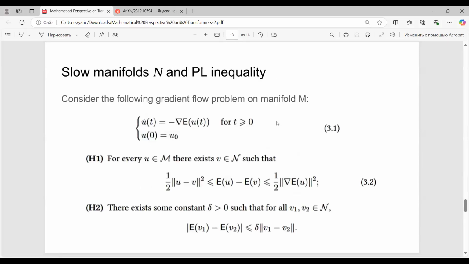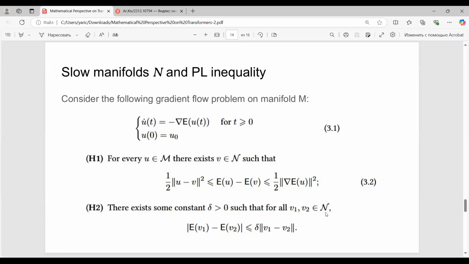So, if this functional satisfies these three inequalities for some constant delta, with the property of existence of the so-called slow manifold N, so you just project every u on your multisphere M onto this slow submanifold N with this property, and on this slow manifold you just have this inequality.